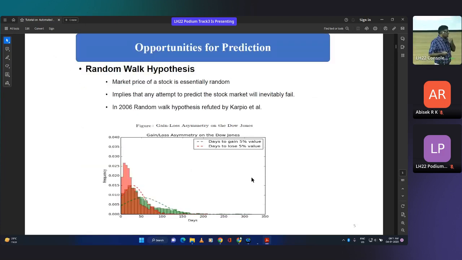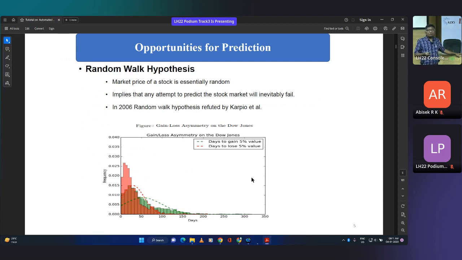So one of the things that is typically told in the stock market is the random walk hypothesis, which says that the stock markets cannot be predicted; they move randomly. But then this is the 2006 paper. We have referenced it at the end as well. This paper says that when human emotions are involved, the typical upside is slower than the downside.